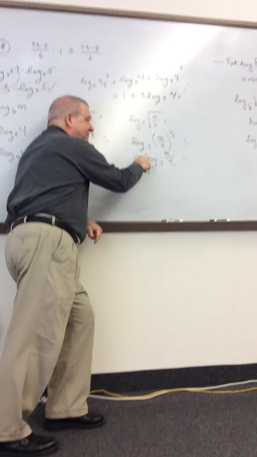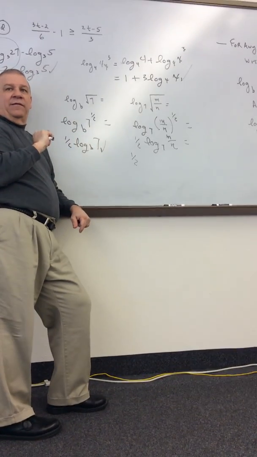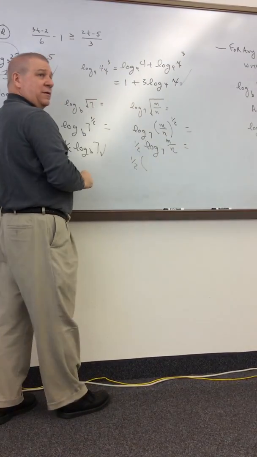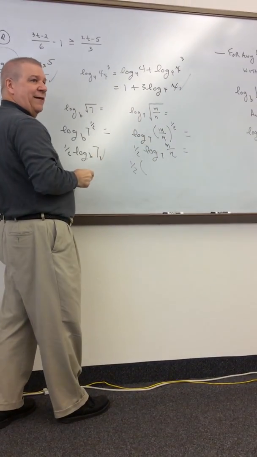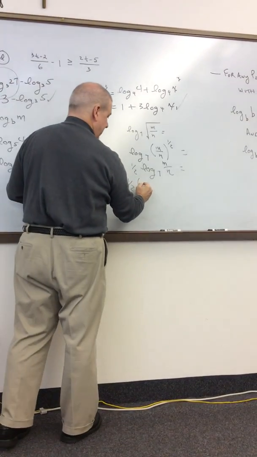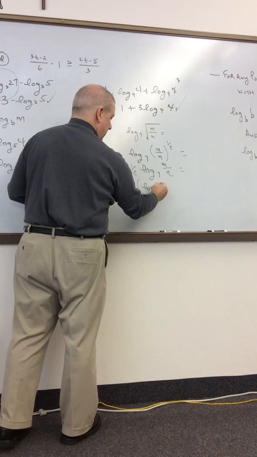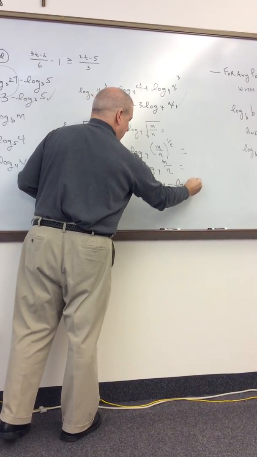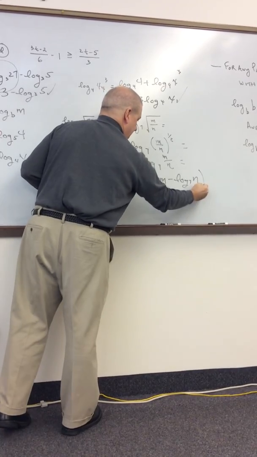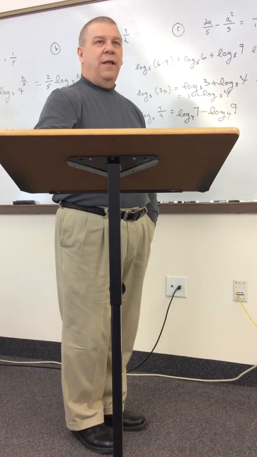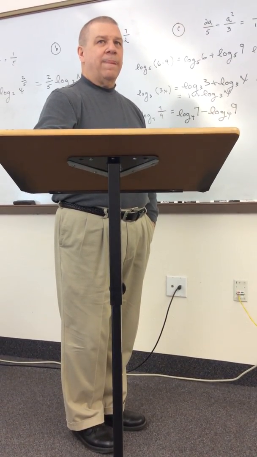This is 1/2 times that whole thing. Chris, a grouping symbol. So now, what's the log of m over n? Go ahead, Campbell. Now you were saying it. Log of m to the base 7, minus log of n to the base 7. Are you done?